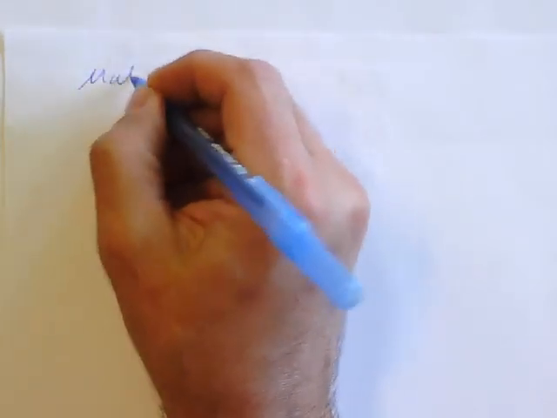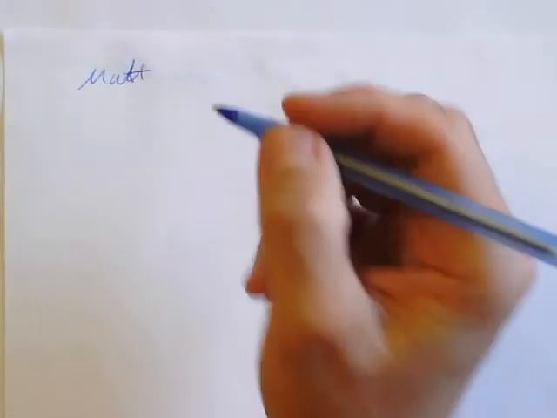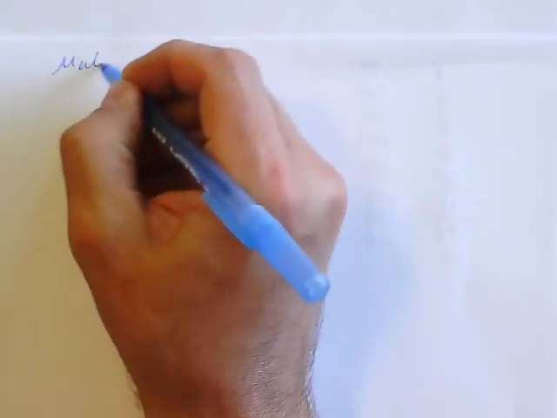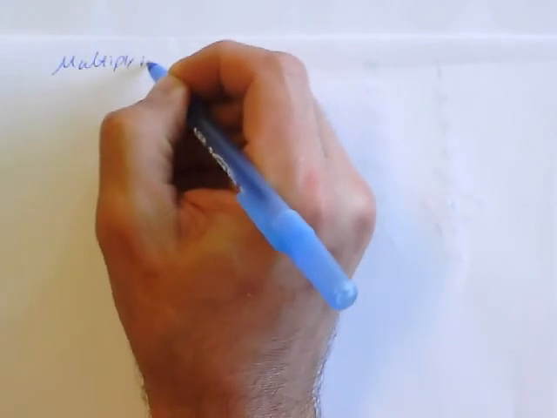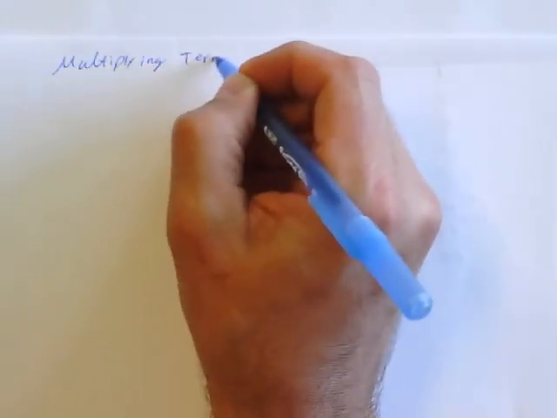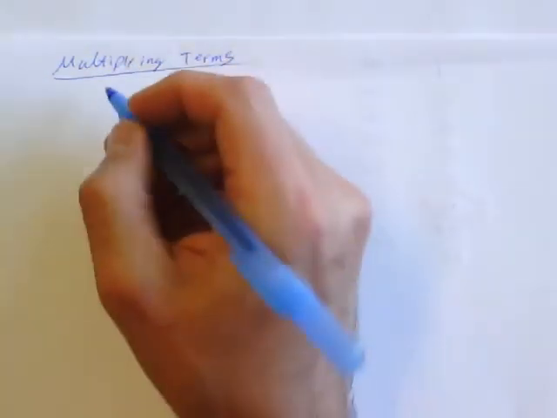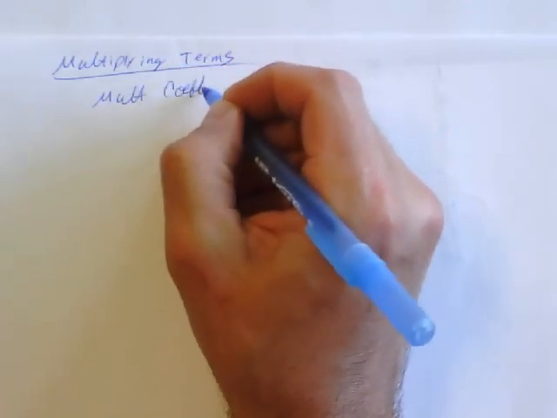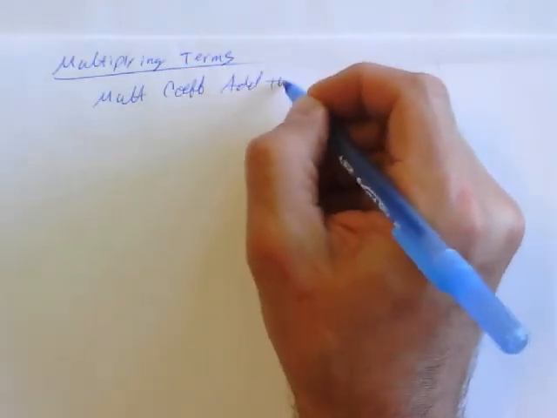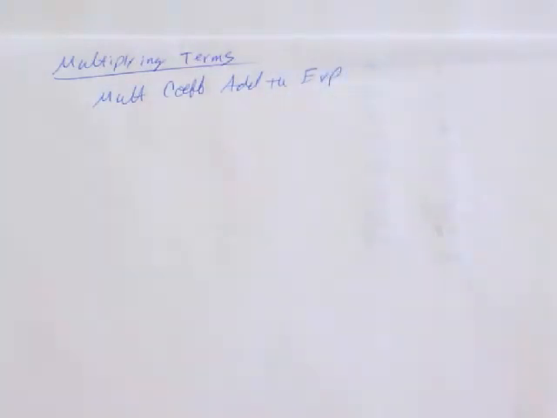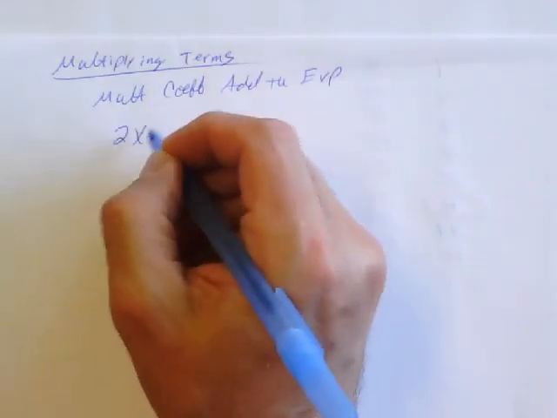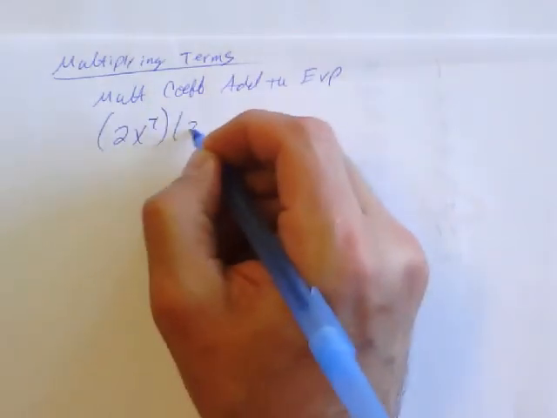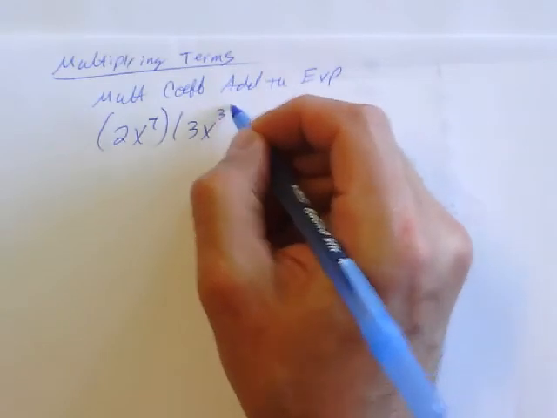To bring us to the idea of multiplication, when you're multiplying terms, you multiply the coefficients and add the exponents.